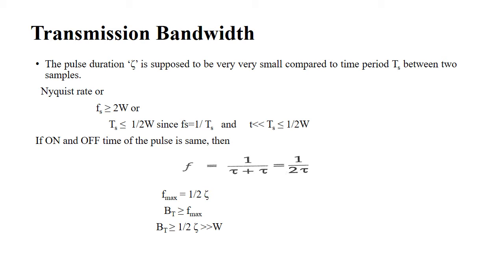So finally, Bt is greater than or equal to 1 by 2 tau, which is much greater than W. That is, the transmission bandwidth of the PAM signal is very large compared to the highest frequency of the signal bandwidth, W.